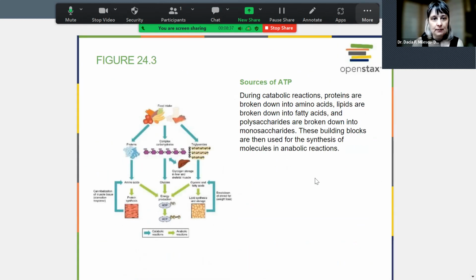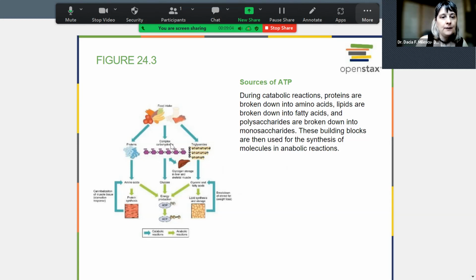Sources of ATP, as I mentioned, are food and drink. The general breakdown of the food that we eat is either a protein source, a complex or simple carbohydrate source, or triglycerides, lipids, fats. Amino acids are the building blocks; a polypeptide chain of amino acids builds up into protein.